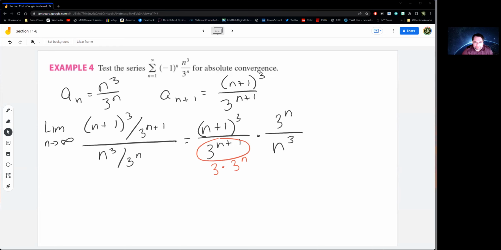So it's the 3 to the 3n times 3n. The reason I want to do that is because then I can cancel those two. So this ends up equaling 1/3. And then I have n plus 1 to the third over n to the third.